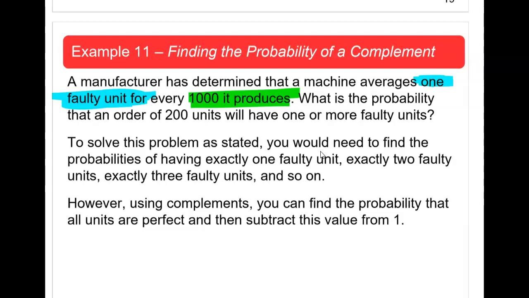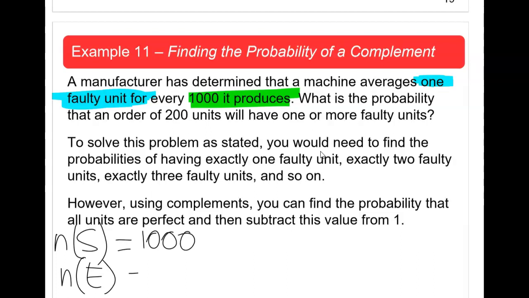Here we want to take the sample space, the number of units in the sample space is 1,000, and let's call E the defective.